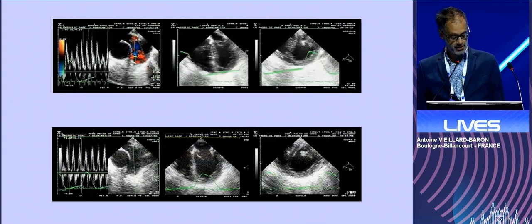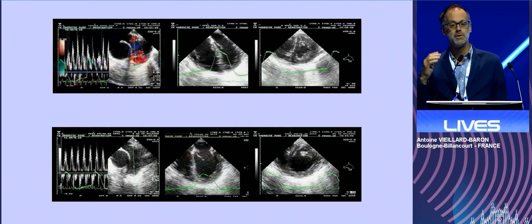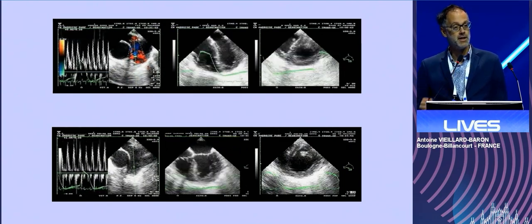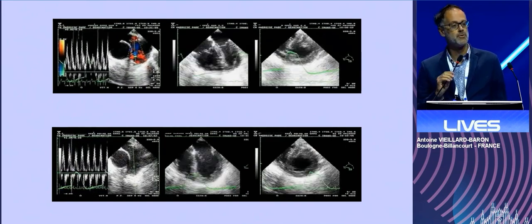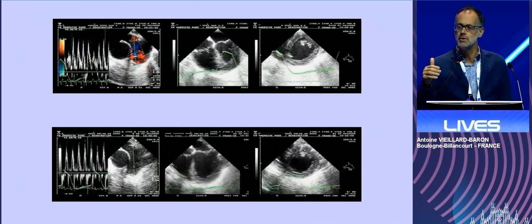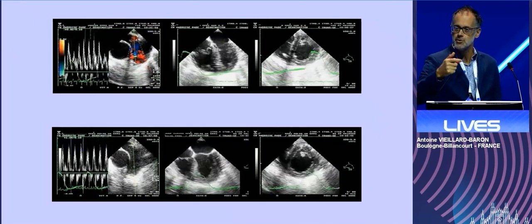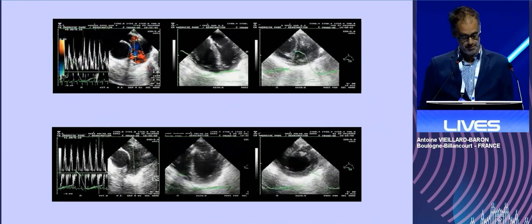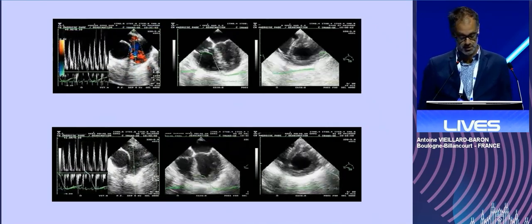Look at after the proning session: no more drop in the RV stroke volume, no more RV dilatation, and no more paradoxical septal motion. So you really have also a hemodynamic effect that you may observe using the TEE when you turn prone the patient admitted for acute respiratory distress syndrome.